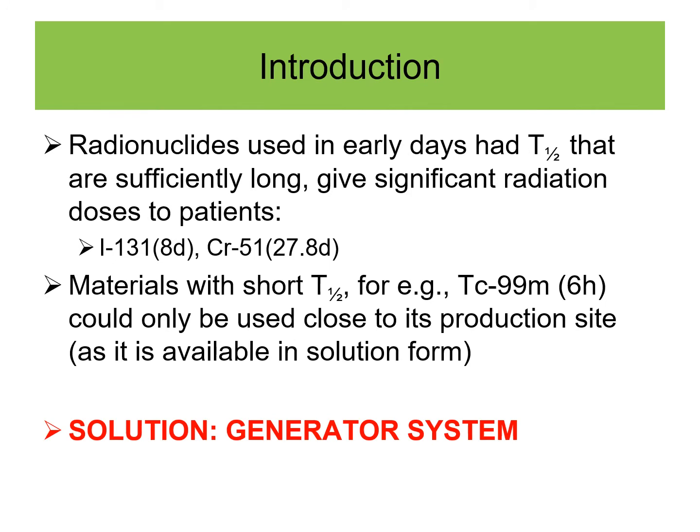During the early days of nuclear medicine, radionuclides used had relatively long half-lives, and this would give significant radiation doses to patients. For example, iodine-131 with 8 days half-life.